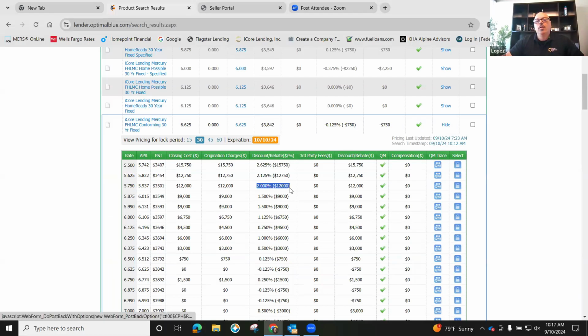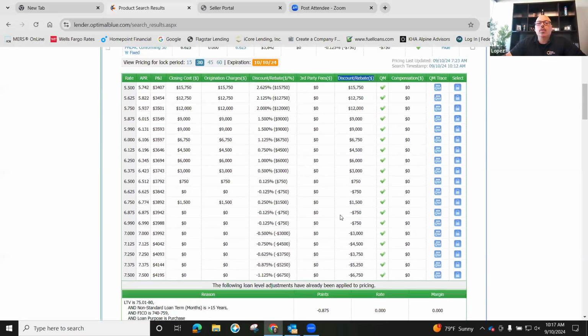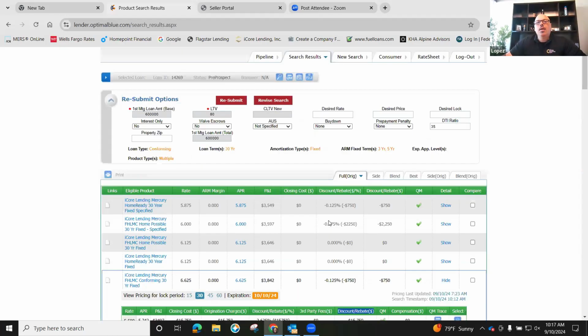So whether you're looking at the actual percentage points, or if you want, this just gives you the dollar amount. There's two things here: the discount points in percent and the discount points in dollars are the ones that are most accurate through going this way because they're only using the information that we gave. All right. Are there any questions?